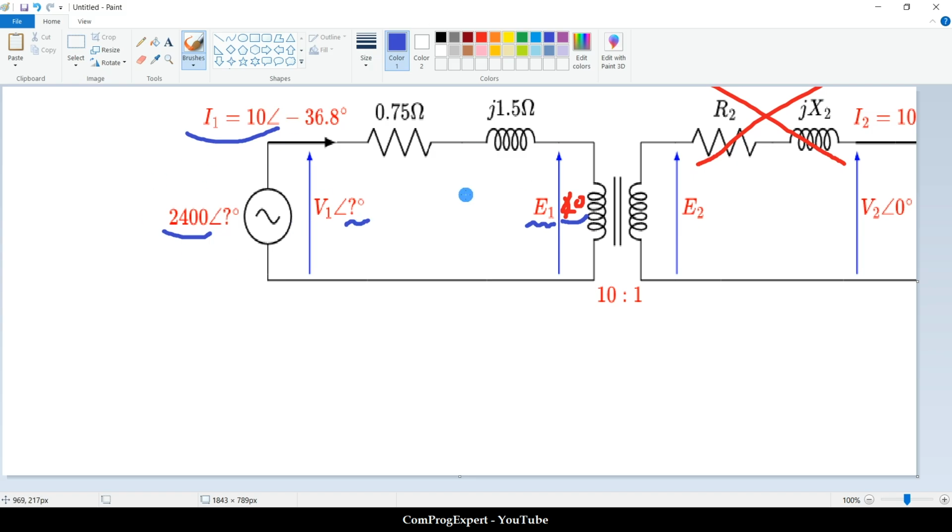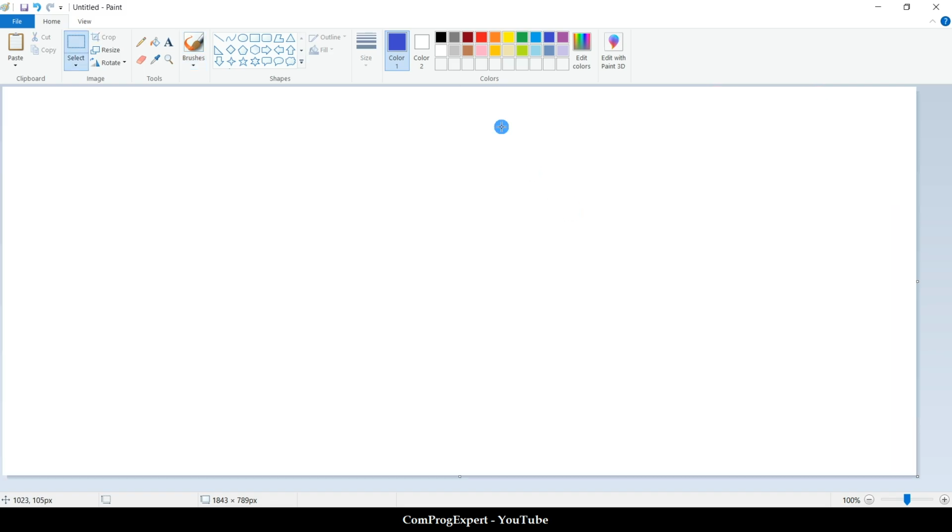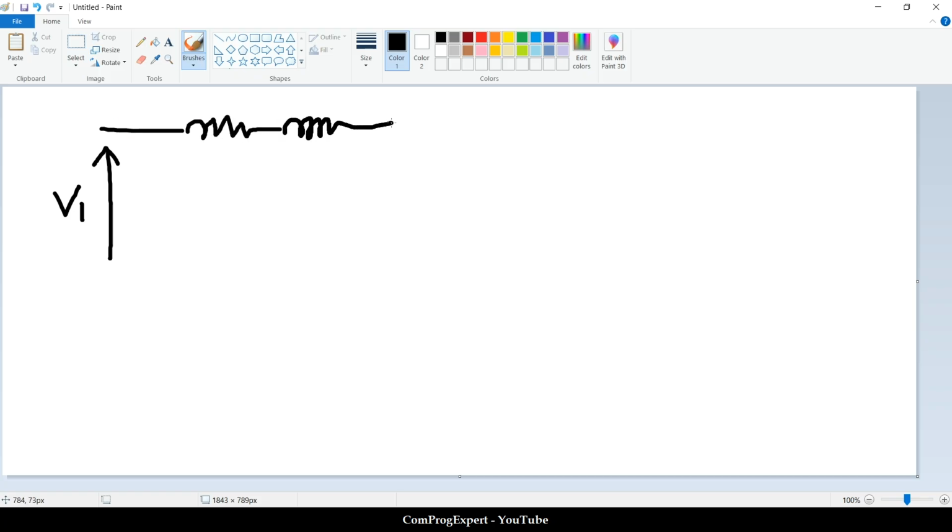How can we solve this problem? Because the angle of E1 is 0, we can consider this vector diagram. This is the case. We have V1, we have this resistance, this reactance, and this is E1.